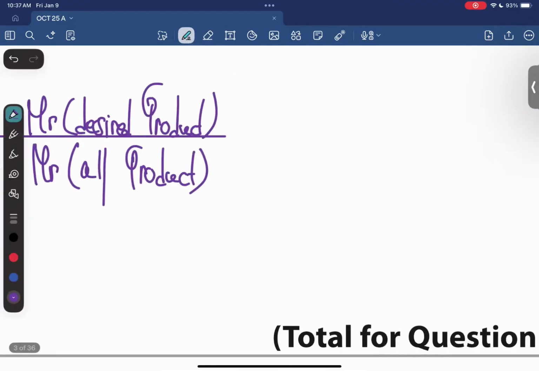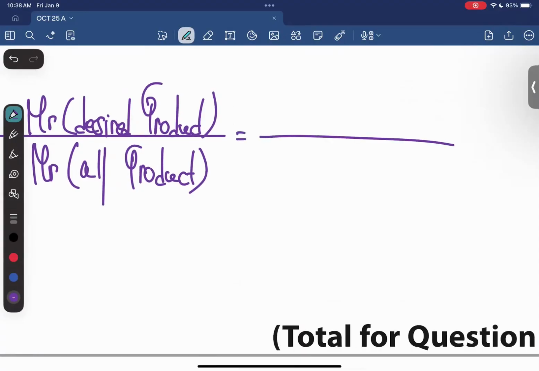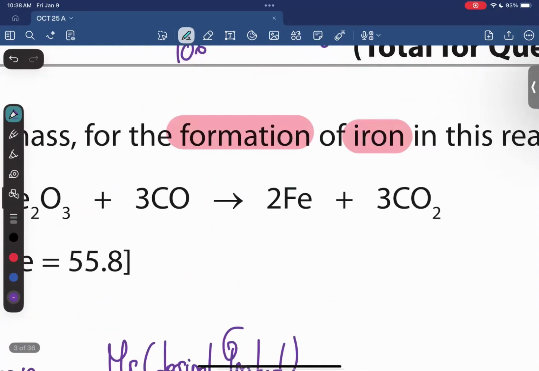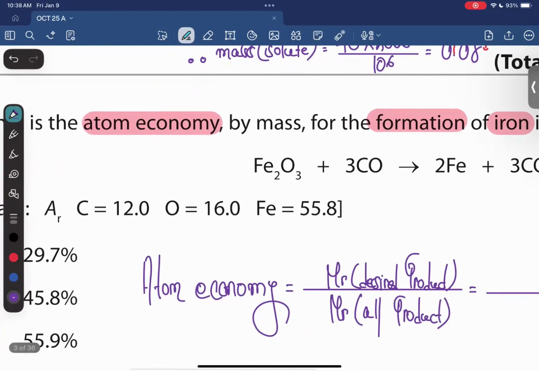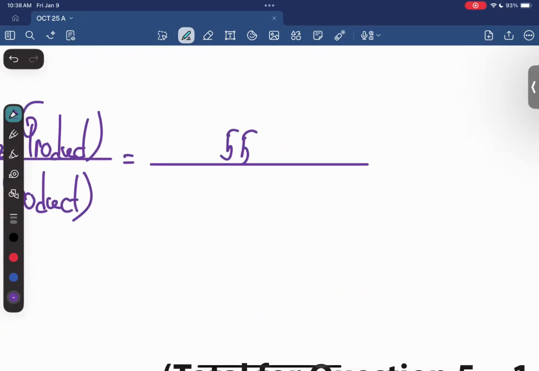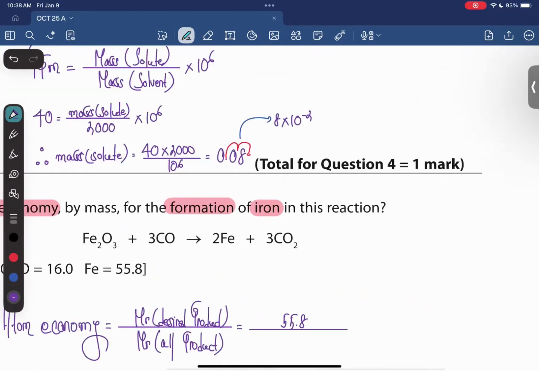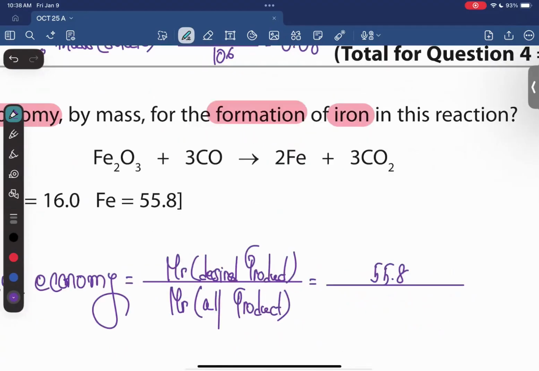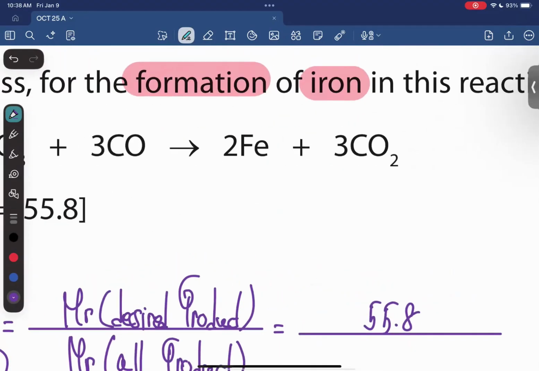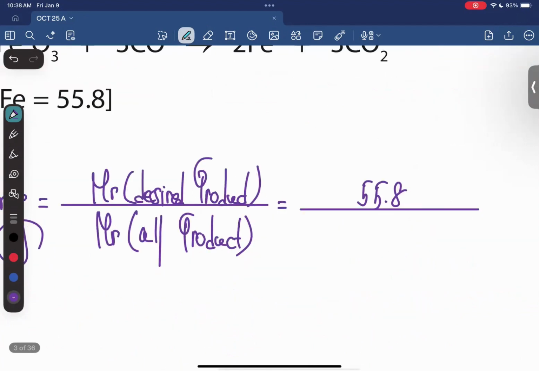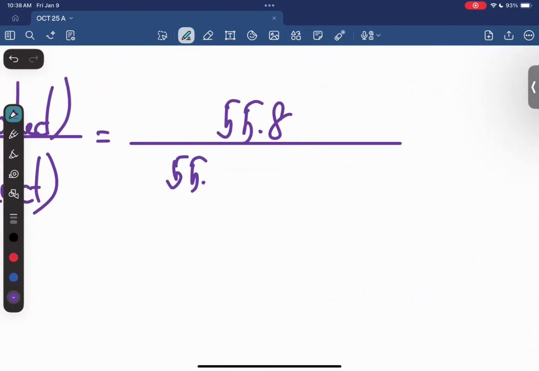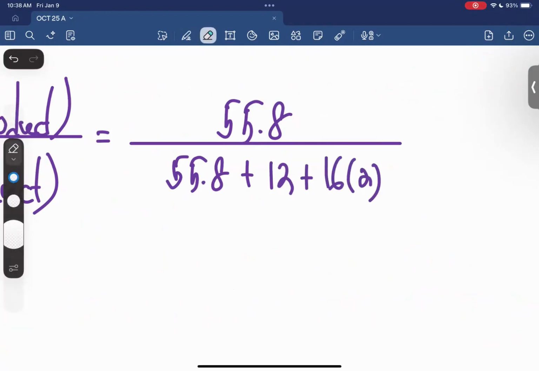So what we know from the top is that iron is being produced, right? And the MR of iron is 55.8. And the total MR is iron plus carbon dioxide, right? Iron is 55.8 plus 12 plus 2 oxygen, 16 times 2.